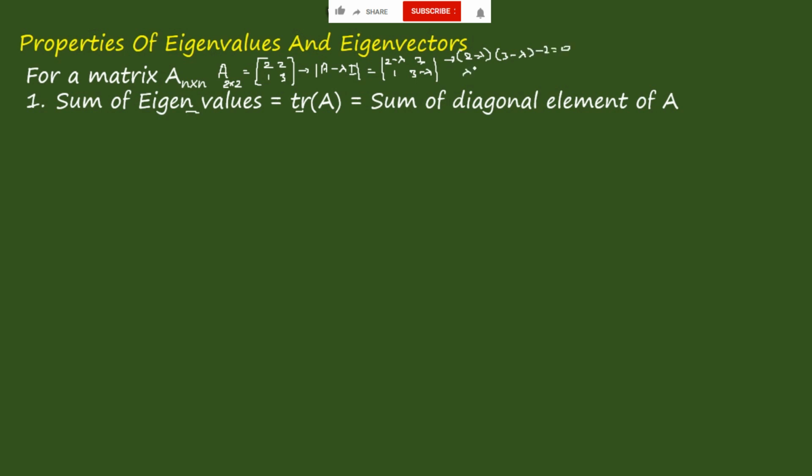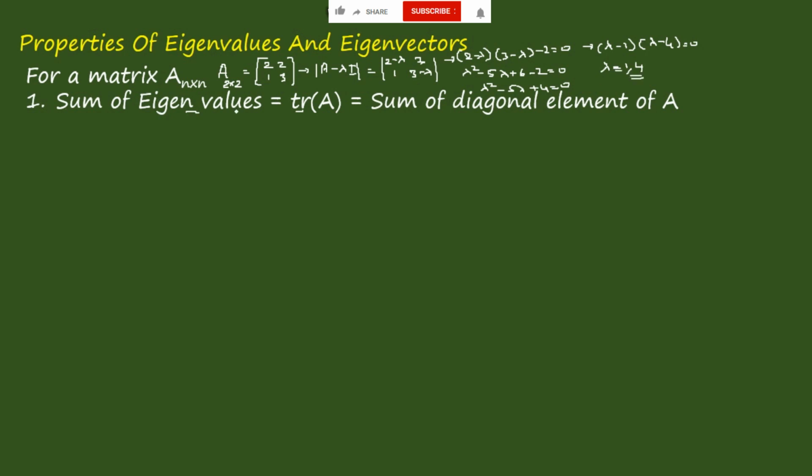So it becomes lambda square minus 5 lambda plus 6 minus 2 is equal to 0, which is lambda square minus 5 lambda plus 4 is equal to 0. We can write this as (lambda minus 1)(lambda minus 4) is equal to 0. So lambda is equal to 1 and 4 are the eigenvalues, right?